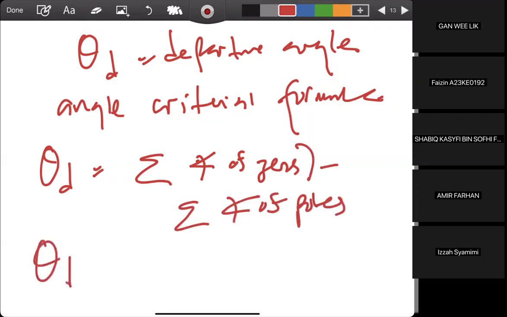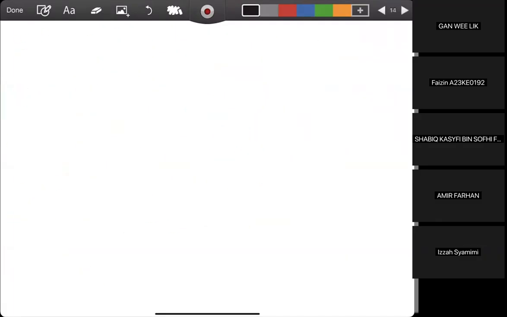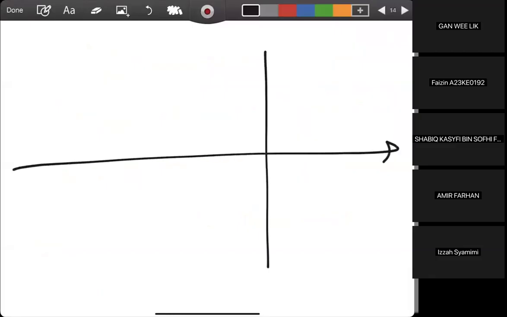Okay, so theta d is equal to plus 180 degrees. Don't forget that. Okay, so it's minus 71.6 degrees and plus 71.6 degrees.